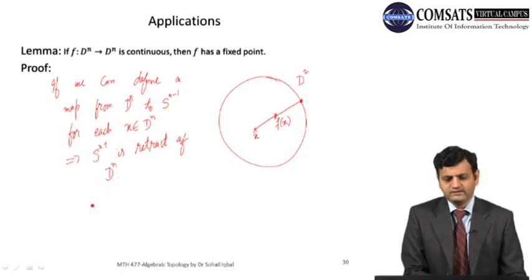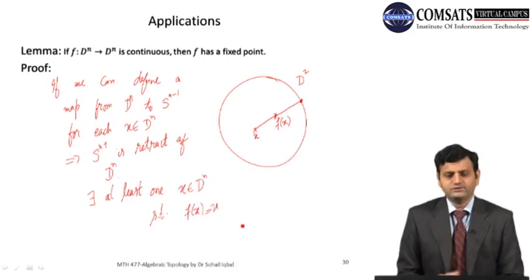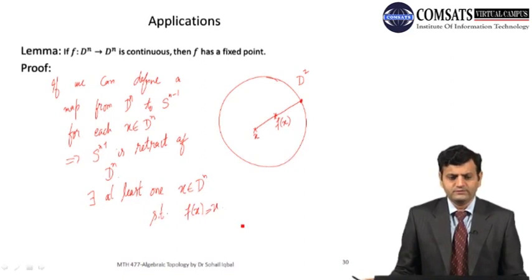So there exists at least one x belonging to Dn such that f of x is equal to x. So using the idea of homology, we have this simple proof of the Brouwer fixed point theorem.